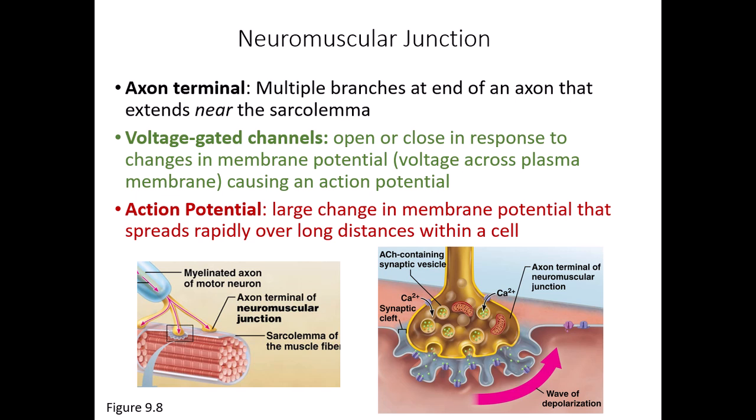So the signal is going to be converted from electrical, coming down to the axon terminal, to chemical as it crosses the synaptic cleft, and then it will be converted back to electrical to create another action potential along the sarcolemma.